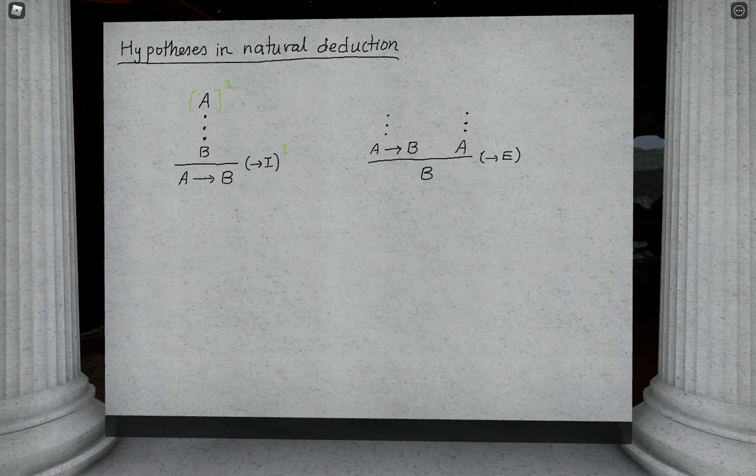Okay. So some details about how the discharging of hypotheses works here. The deduction above the line need not actually contain A as a hypothesis. It may not refer to A at all. So when you're discharging hypotheses, in fact, you can discharge nothing.